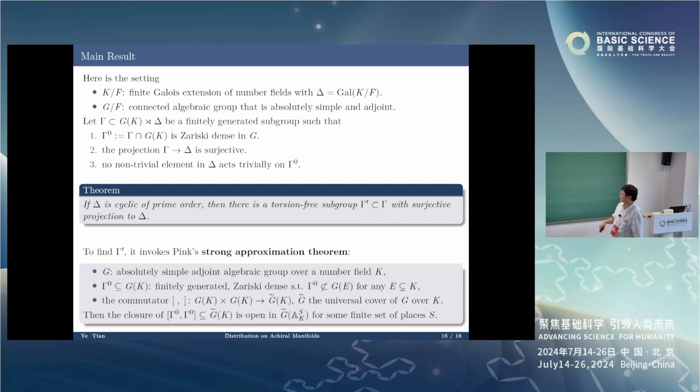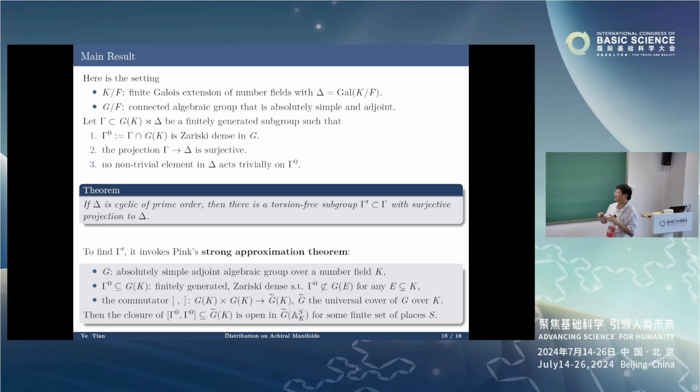Now the theorem says: if I give you an absolutely simple adjoint algebraic group over a number field, and it contains a discrete subgroup gamma 0, which is Zariski dense, such that K is the minimal defining field. Minimal defining field just means you cannot find any subfield E of K such that gamma 0 is contained in E-points of G.